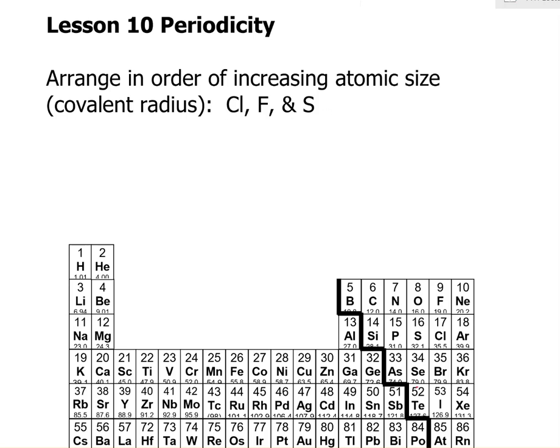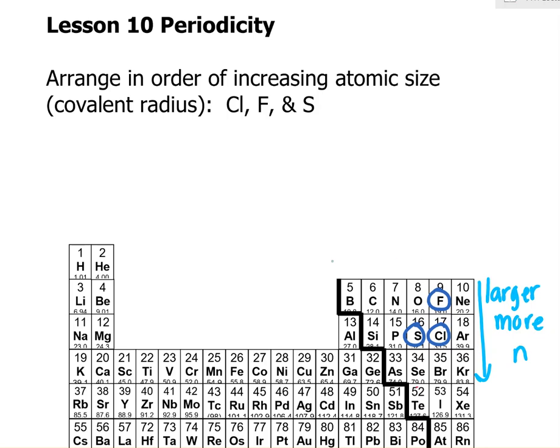On these, what I would do is find them on the periodic table, locate them, and then consider your trends. The trend is that, of course, moving down on the periodic table, they're larger. And the reason why is you have more energy levels.